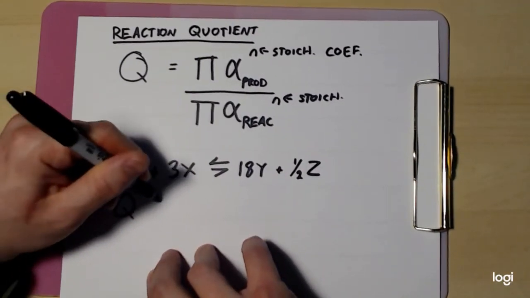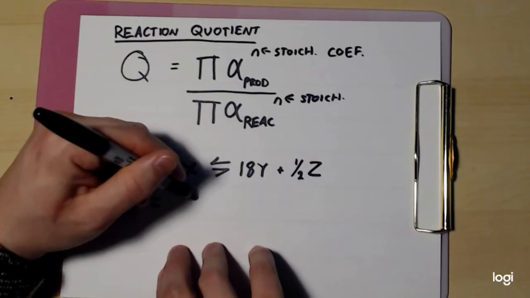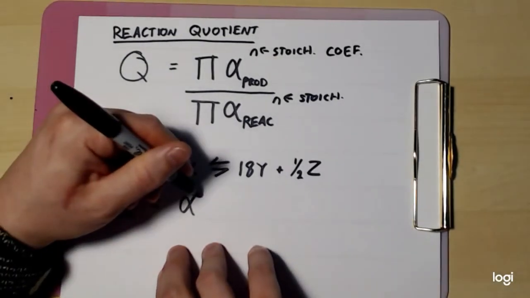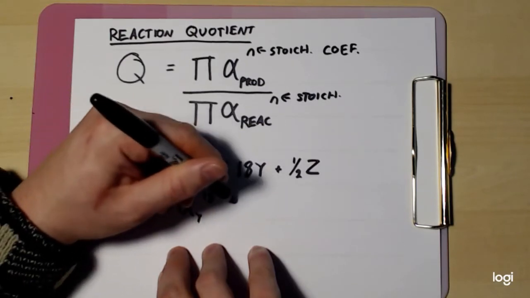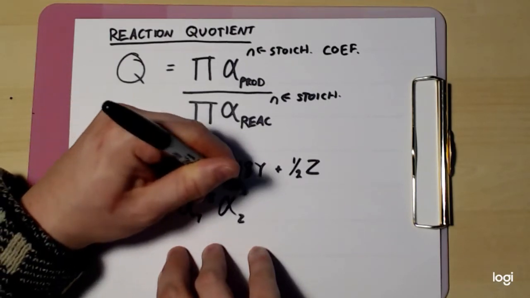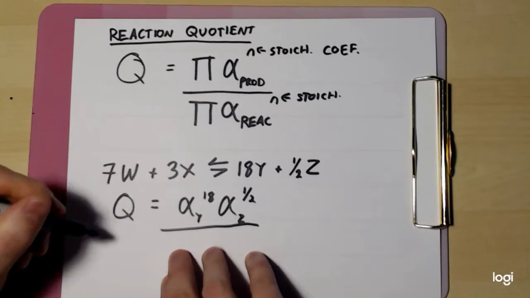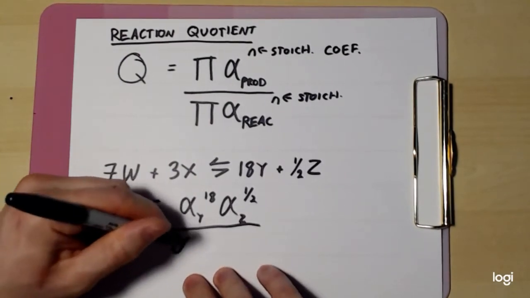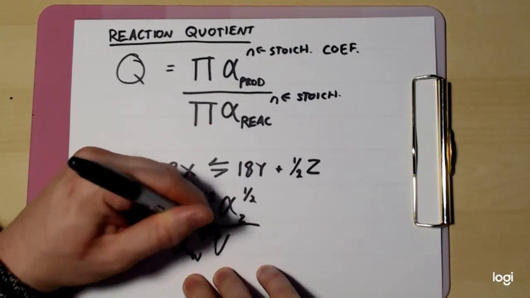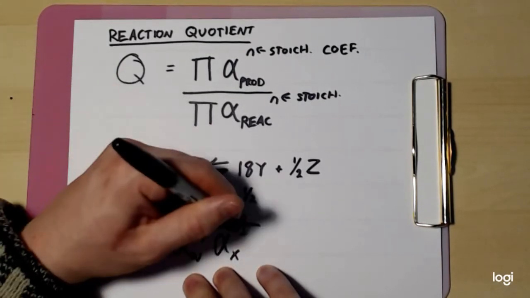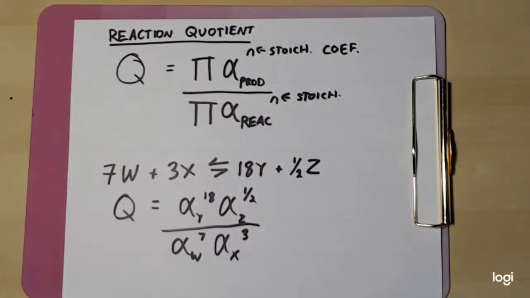The reaction quotient for this chemical equation will just be written as the activity of Y raised to the 18th, since the coefficient of Y is 18, times the activity of Z raised to the 1/2, over the activity of W raised to the 7th, times the activity of X raised to the 3rd.